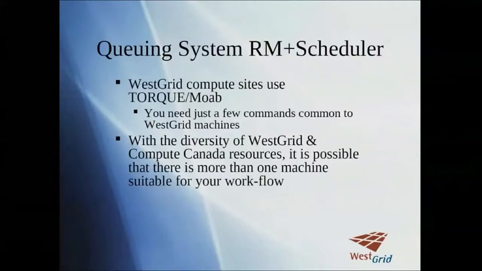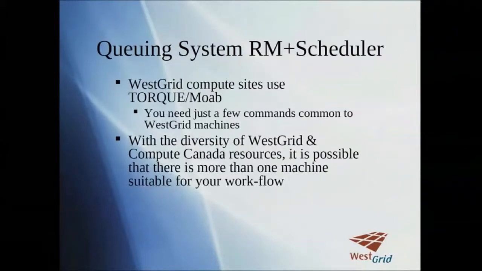In most of the cases, our resource manager is Torque, and basically Torque works all the time scanning and keeping track of which jobs are running, which resources are available, how much memory a given job takes, which nodes are being occupied by a given job, and reports everything to the scheduler. And the scheduler, in most of our cases, is the Moab scheduler.